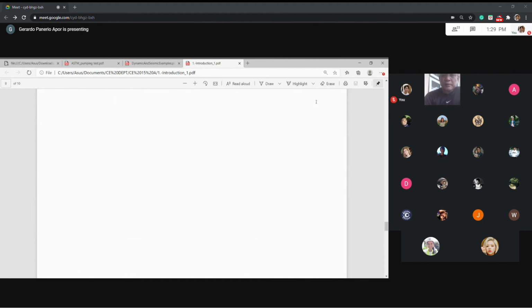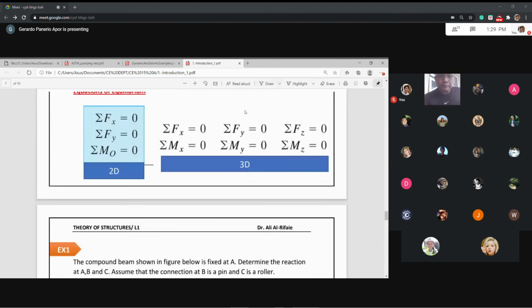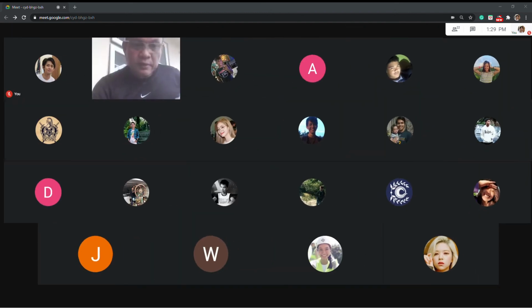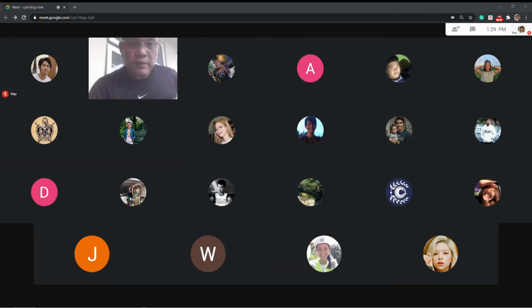Okay, I will stop sharing this and go back to you. So, this was the introduction to theory of structures. This afternoon, I explained the definition of a structure in its simplest form, and what dead load and live load are, including wind load and earthquake load.